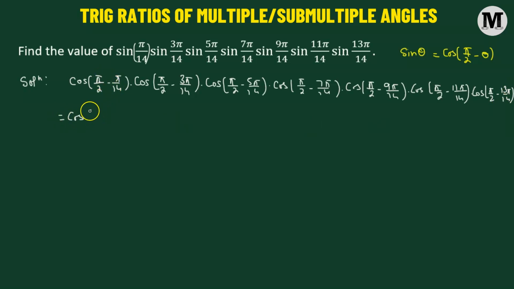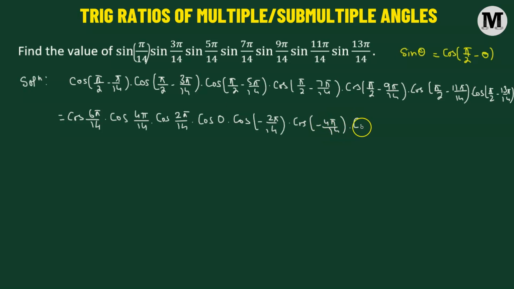So that is going to correspond to 6 pi over 14, multiplied to cosine of, so pi over 2 minus 3 pi over 14, that will correspond to 4 pi over 14, multiplied to cosine of pi over 2 minus 5 pi over 14, so that will be 2 pi over 14, multiplied to cosine of, so pi over 2 minus 7 pi over 14, that will be 0, times cosine of negative 2 pi over 14, multiplied to cosine of negative 4 pi over 14, multiplied to cosine of negative 6 pi over 14.